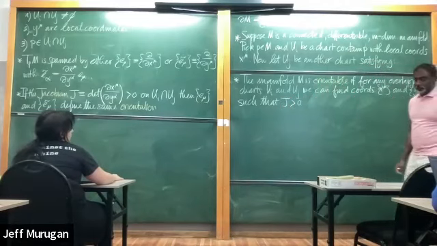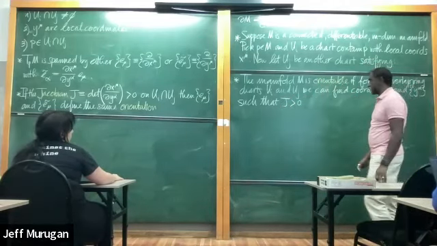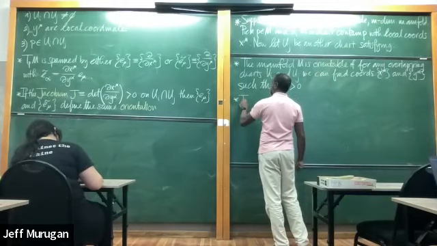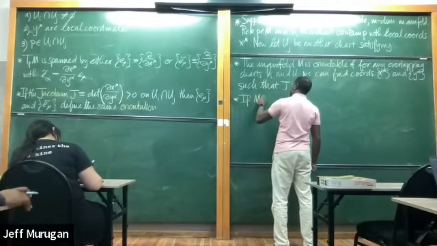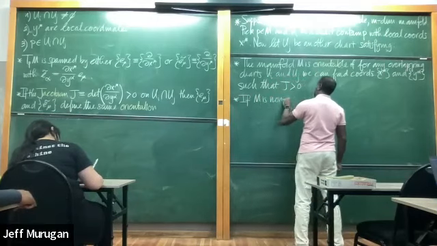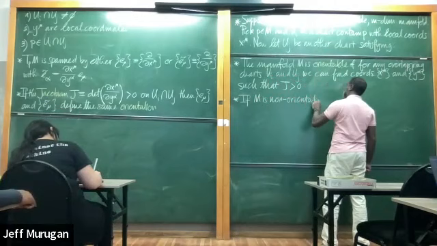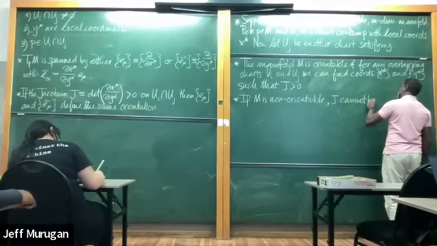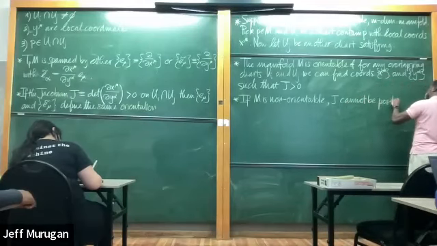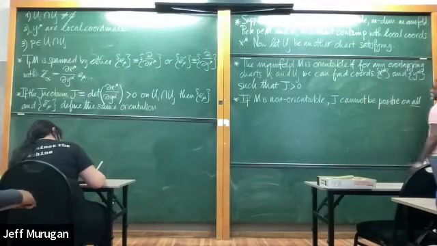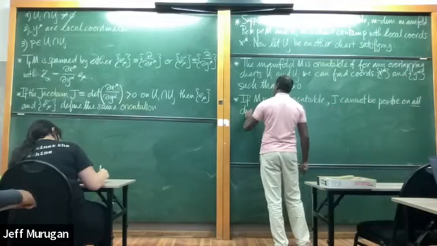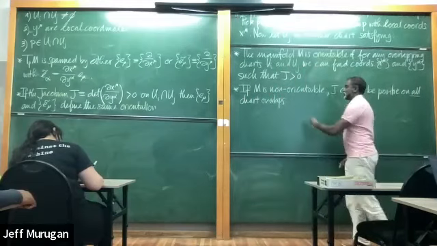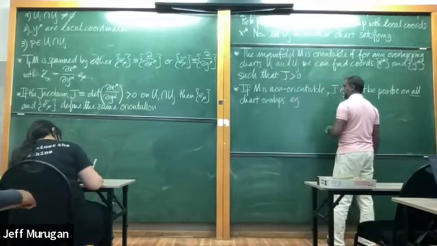If M is a non-orientable manifold, then J can't be positive on all the chart intersections. An example here is the Möbius strip.